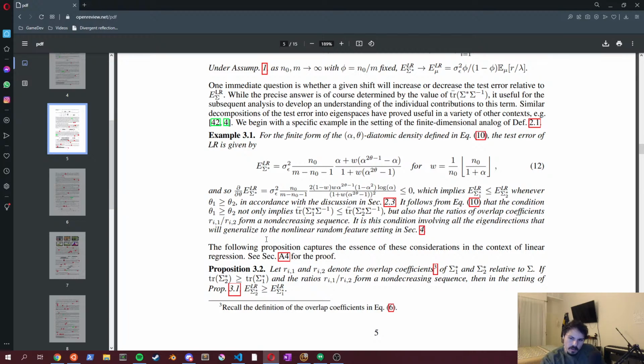So it's just saying that the eigenvectors of the training set covariance matrix overlap more with the eigenvectors of the test set covariance matrix, which I guess means that you're going to fit the test set better, ultimately.